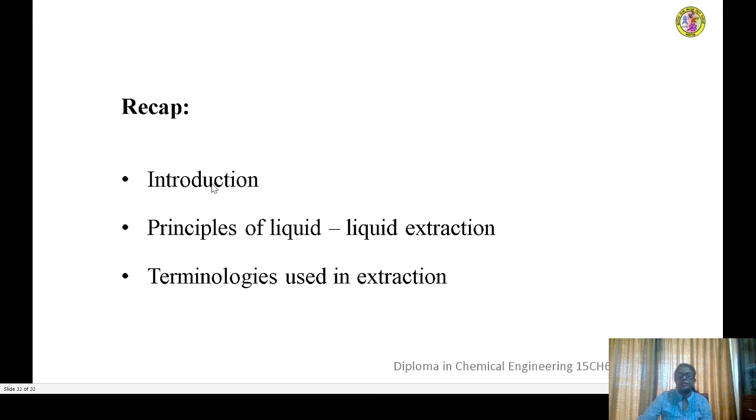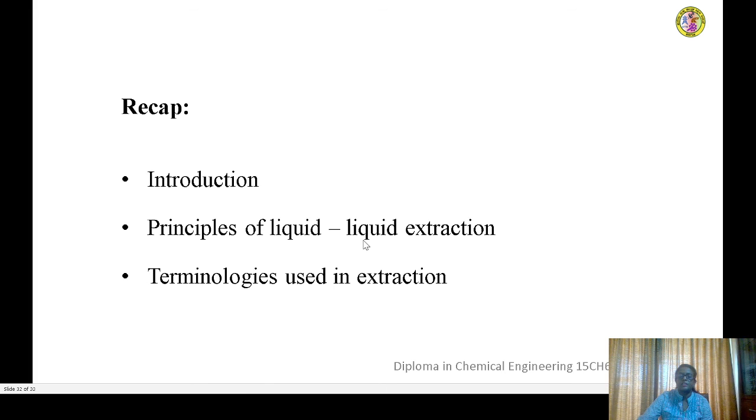This is a quick recap of what we studied in today's class. We understood the introduction part, where we came across the difference between leaching and liquid extraction and the similarity between the two operations. That part also helped you understand what liquid extraction is all about. Later, under the topic principles of liquid extraction, you studied what liquid extraction is, how the operation is carried out, and how we can achieve the separation from the operation.